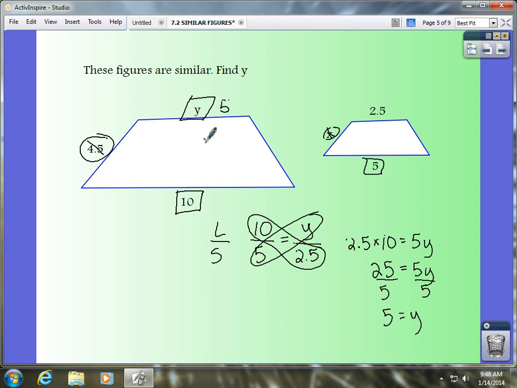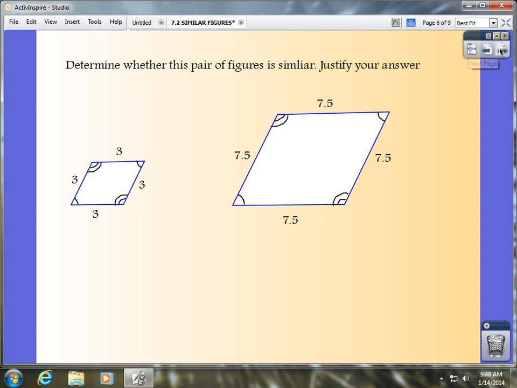Determine whether this pair of figures is similar. Justify your answer. Well, we can look and see that the corresponding angles are congruent. So yes, and then all sides, I'd have 3 on the small one, 3 over 7.5 on the large one. Any way I go around.